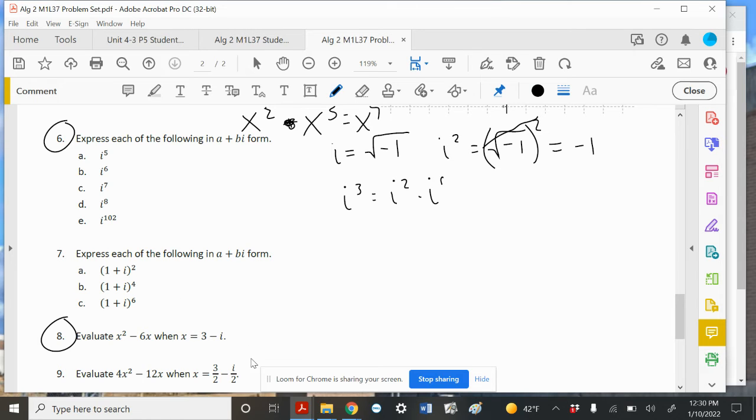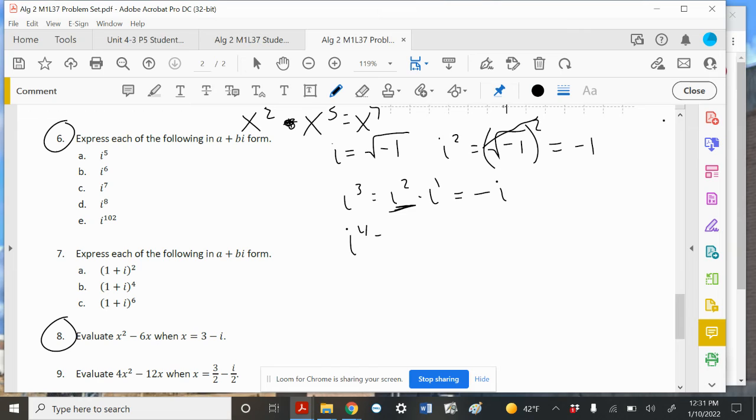I can see that i squared times i to the first is i cubed. And of course, i squared we've already shown is negative 1, so that would be negative i. So negative 1i, or negative i, would work just as well.